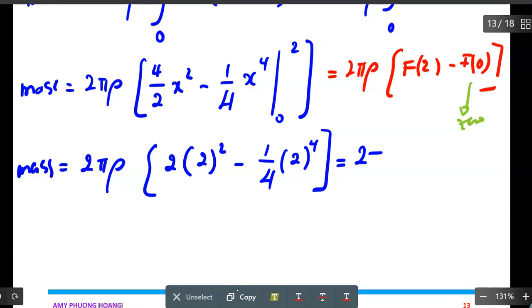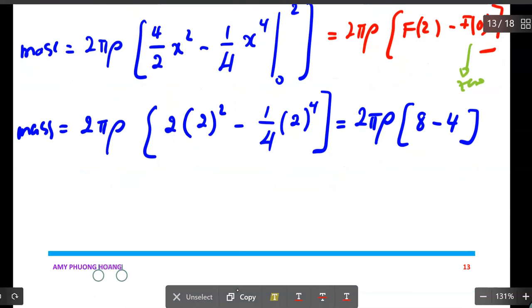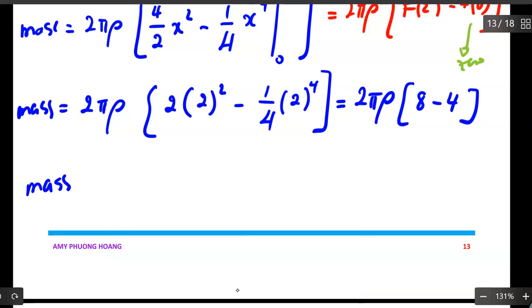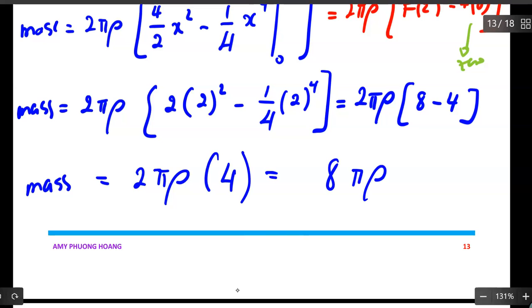So 2 pi rho, and then I should have 8 subtract 4. So in this case mass is equal to 2 pi rho, and then I multiply this by 4, so it should be 8 pi rho.